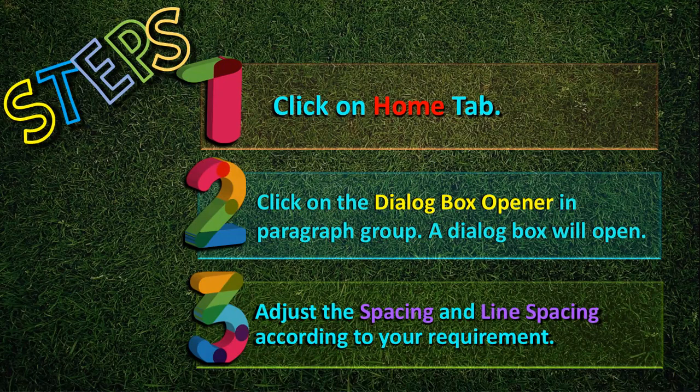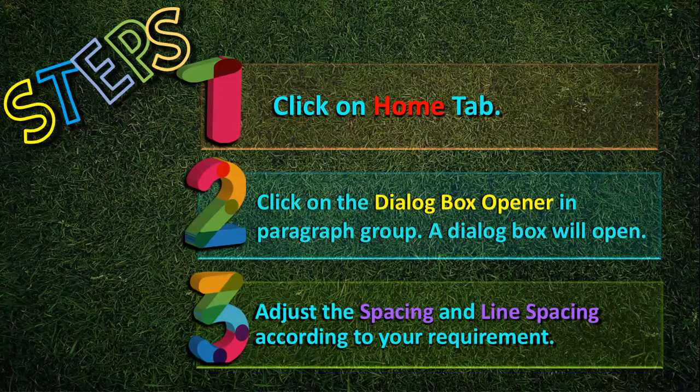In the Home tab, you will get one Paragraph group. Just beside the Paragraph group, at the bottom, you will get a diagonal arrow symbol. That is called the dialog box opener. You need to click on that dialog box opener, which is a diagonal arrow in the Paragraph group.